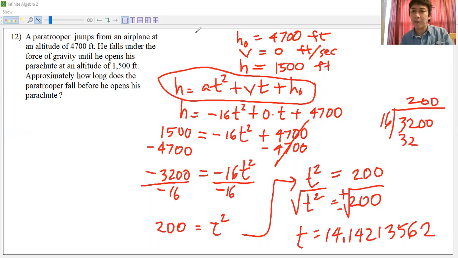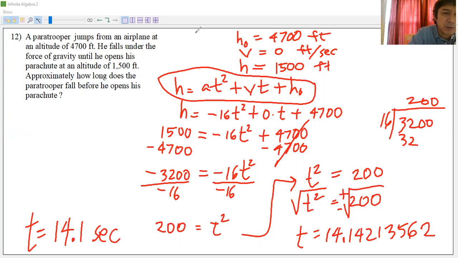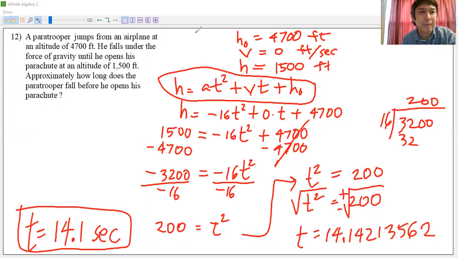So our time is 14.14 seconds, or 14.1 seconds. So time is equal to 14.1 seconds. That's the answer. Approximately how long does the paratrooper fall before he opens his parachute? So that's the answer. Let's verify. It's over here.